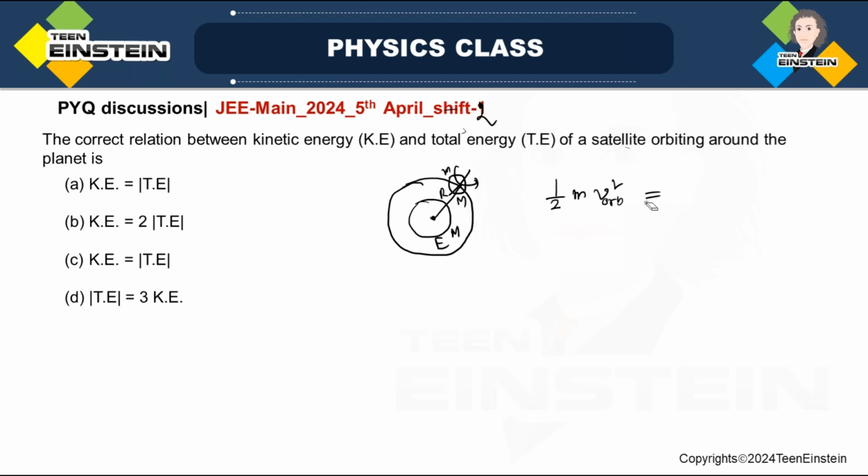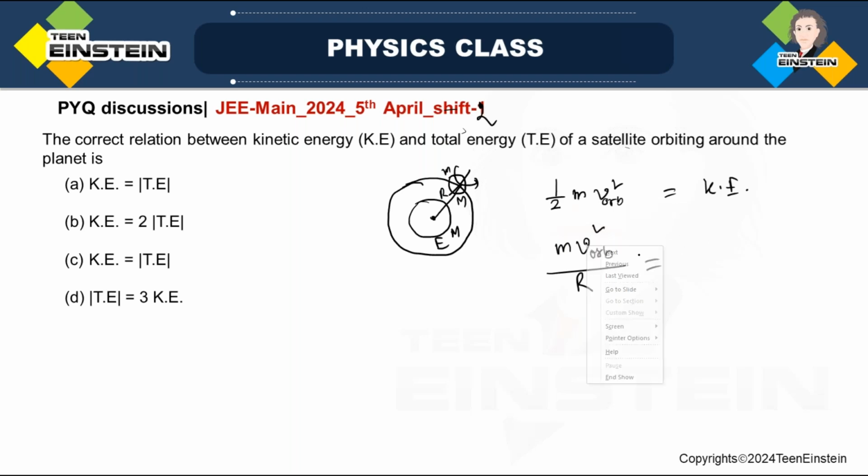If I remember what v orbital is, then it is fine. Otherwise I can find out the orbital velocity. Let me write down: m v orbital square by radius is equal to the gravitational attraction.